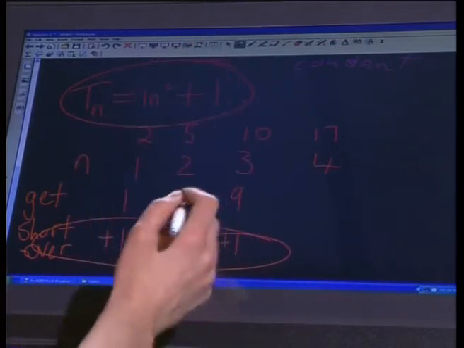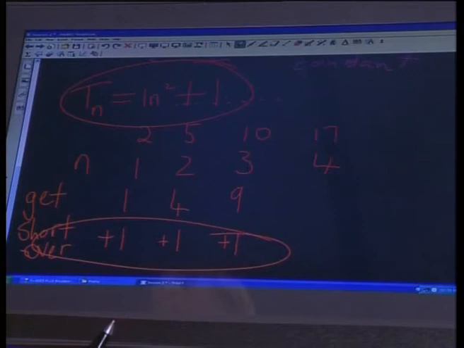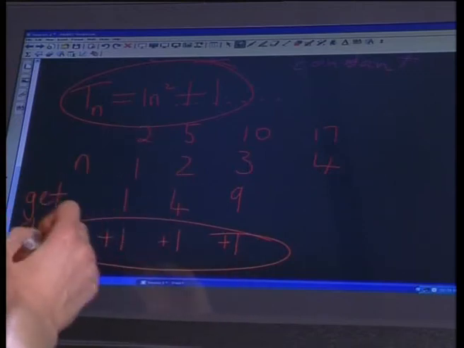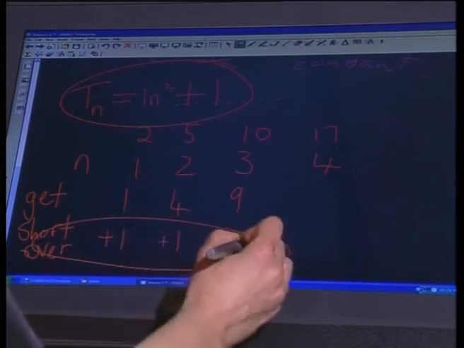In most cases, however, it isn't this easy, but what you will notice with your short or over part is that it will also form an arithmetic series.